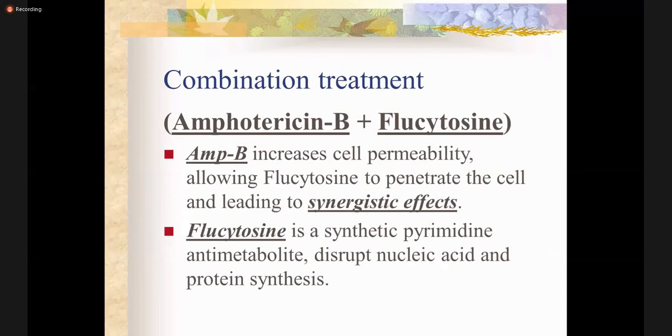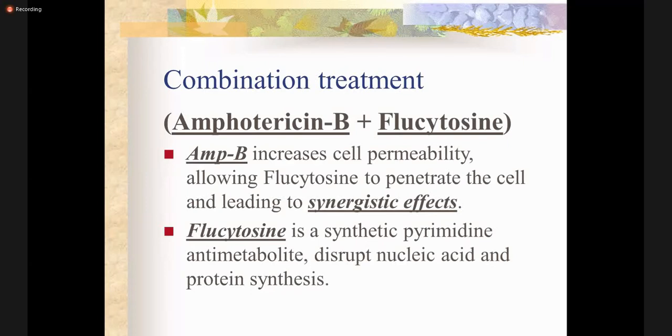Amphotericin B can also be combined with another antifungal drug that we will discuss later on, flucytosine. There is a synergistic reaction, not an infection, a synergistic effect produced when we combine amphotericin B with flucytosine. Amphotericin B basically causes leakage in the cell membrane, or increases the permeability of the cell membrane.